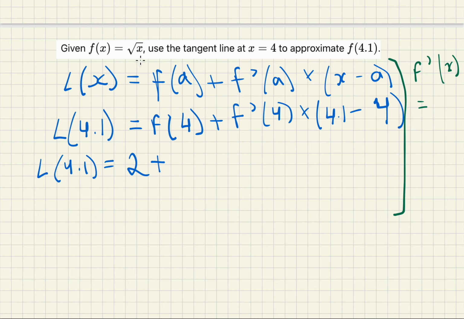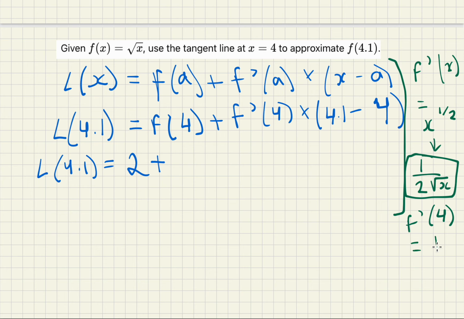If you use the power rule for this function, first we can write it in this form, and this becomes 1 over 2 square root of x. This is f prime of x. And f prime of 4 will be 1 over 2 times square root of 4, which is 2. 1 over 4.